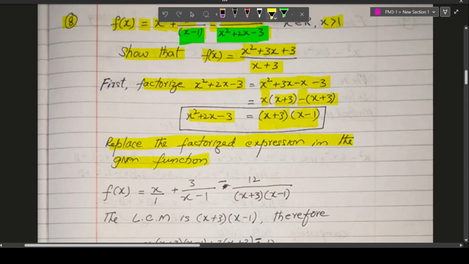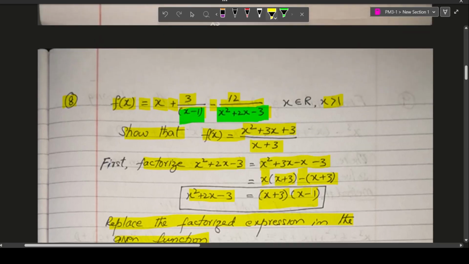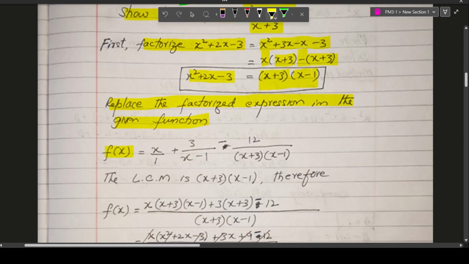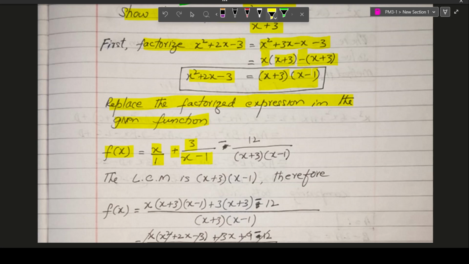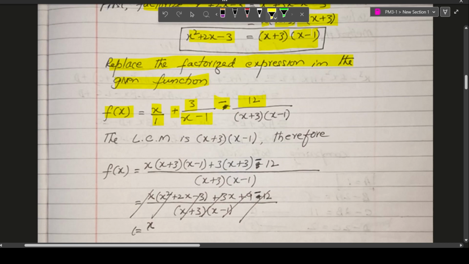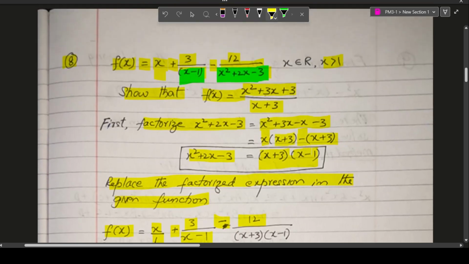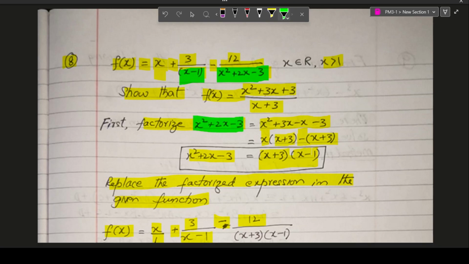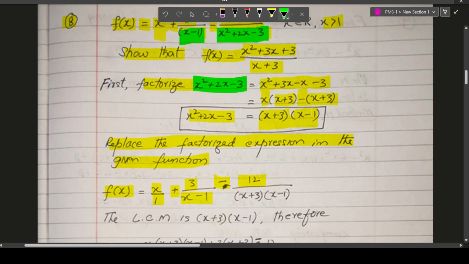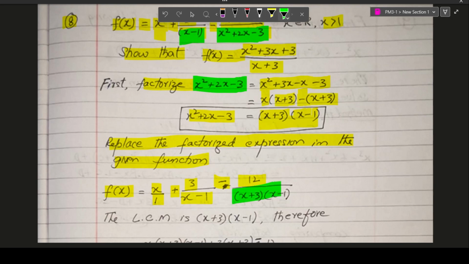Now f(x) will be equal to x, although there's nothing written over here, it means we can write it as x divided by 1, plus 3 over x - 1, minus 12 divided by, now here we have replaced x² + 2x - 3 with the factorized function.